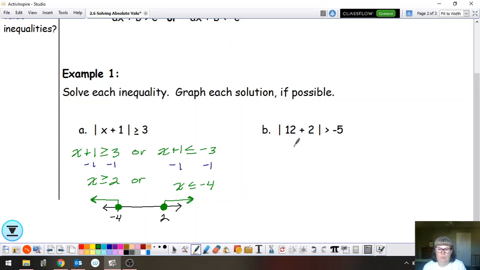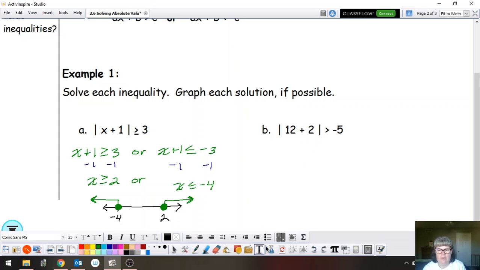Now if we look at b, we have a mistake here. Let me fix this. Let's make it 12 plus x. There we go. That makes more sense. If I were to solve this, the absolute value of 12 plus x is greater than negative 5. I'm talking about a distance that is going to be greater than negative 5.